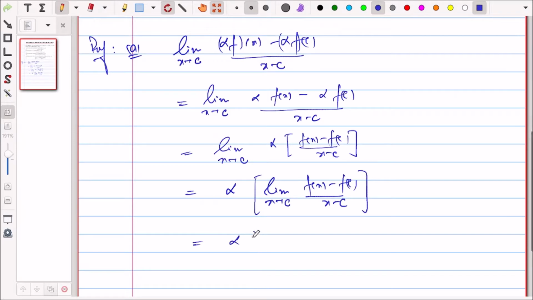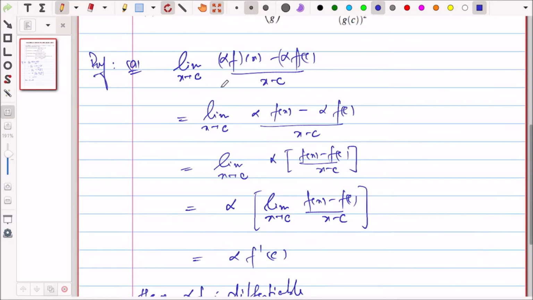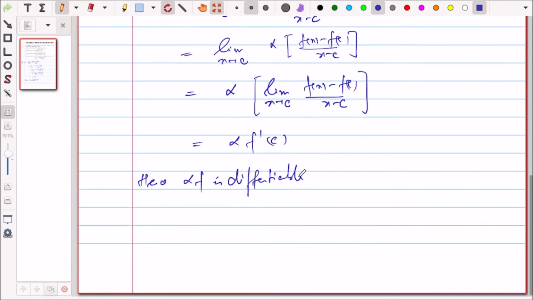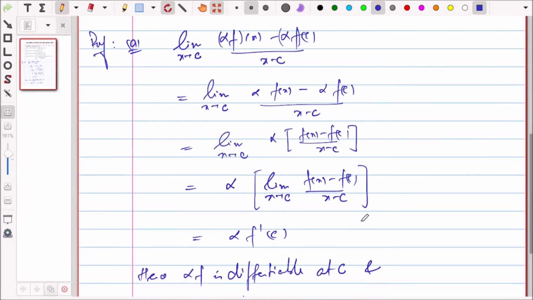Okay, and this is nothing but α f'(c). So hence αf is differentiable because this limit exists, so αf is differentiable at c, and (αf)'(c) is equal to α times f'(c), right? Yes, sir. So here we have applied the algebra of limits.